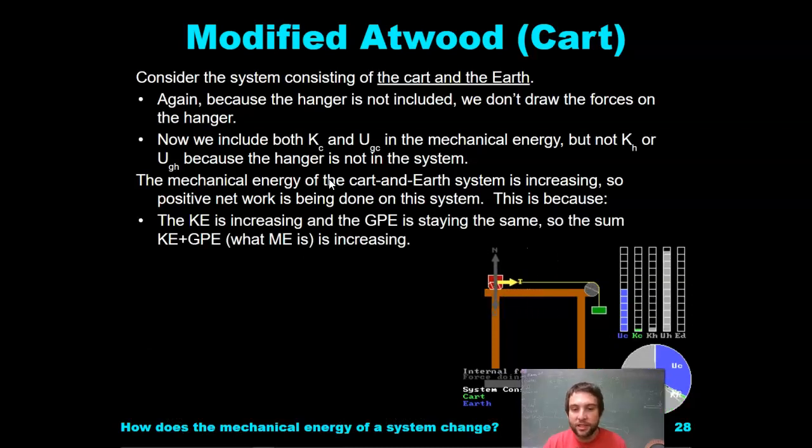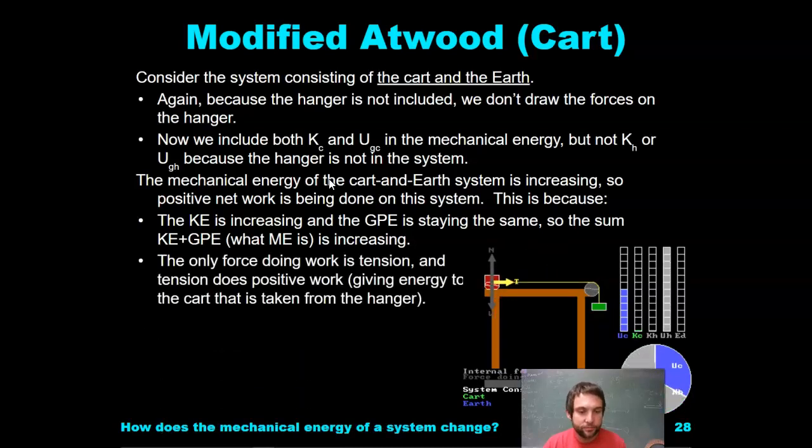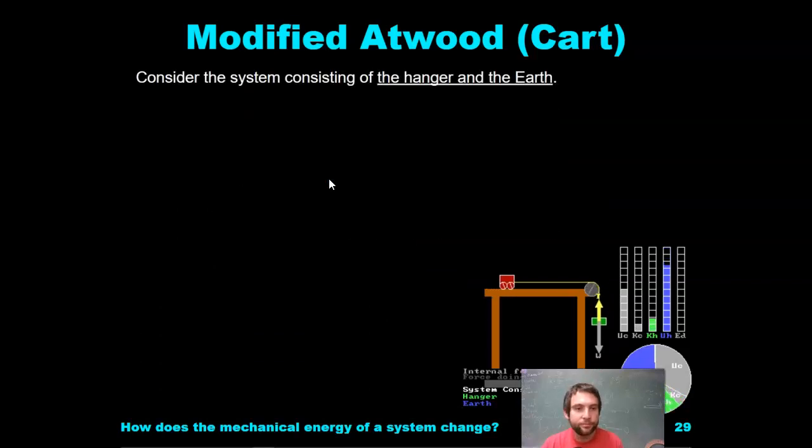Kinetic energy is increasing and the gravitational potential energy is staying the same, so the sum of kinetic and potential is increasing. Mechanical energy is the sum of gravitational potential and kinetic. The only force doing work is tension, and tension is doing positive work, giving energy to the cart that's taken from the hanger.